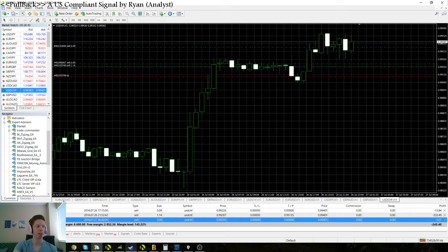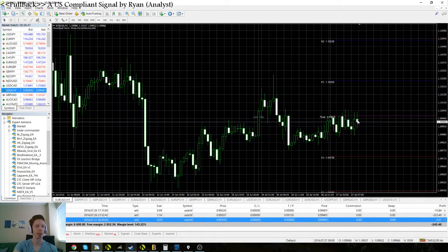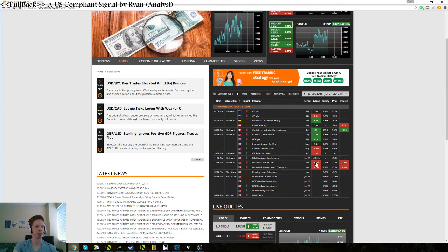Maybe not 100% correlation between the two pairs, but usually one is going up, the other is going down in some way or form. And so what I'm hoping for is a slow bleed up on the Euro US dollar with this small response that the durable goods orders got.